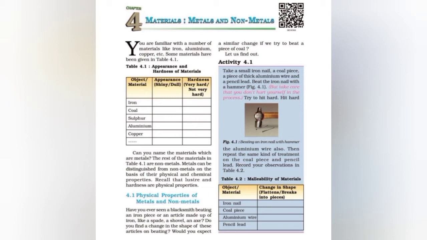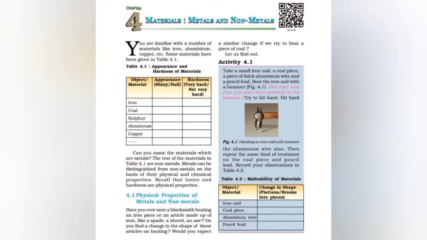So when you beat the iron nail, what will you observe? You will observe that metals like aluminium, copper and iron can be changed into a thin sheet. That means they can change their shape after beating. But if we hit coal, it changes into small pieces. So they have different properties, and this property is known as malleability.